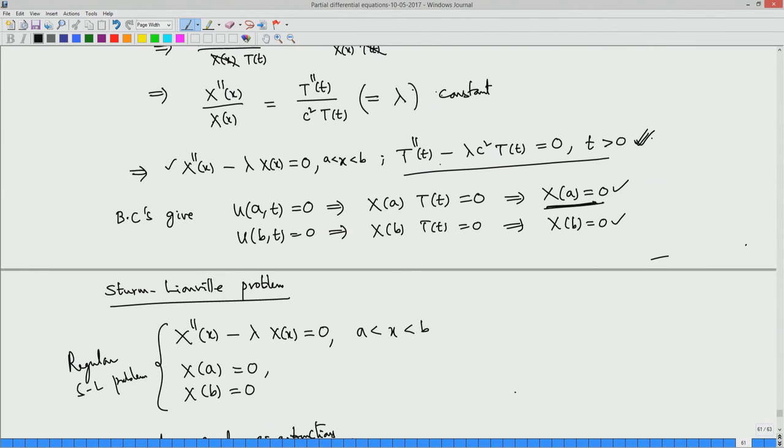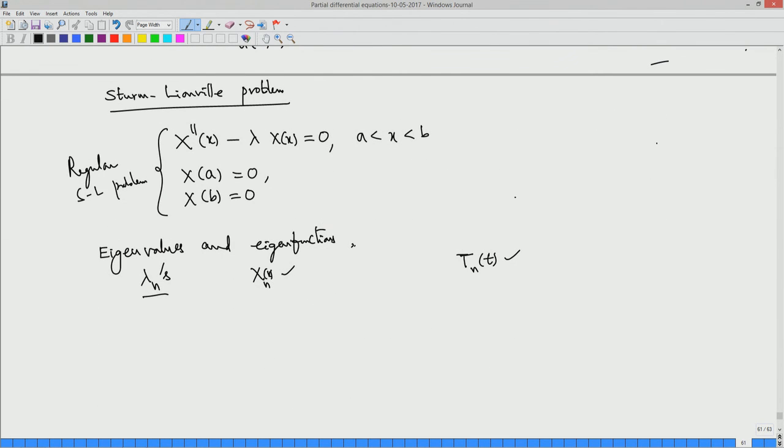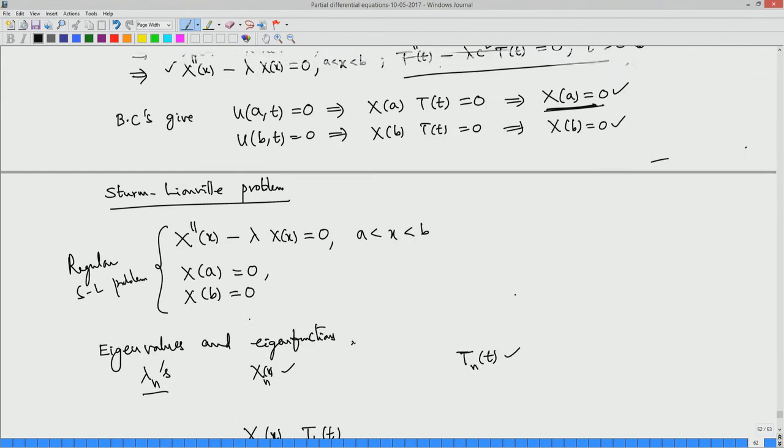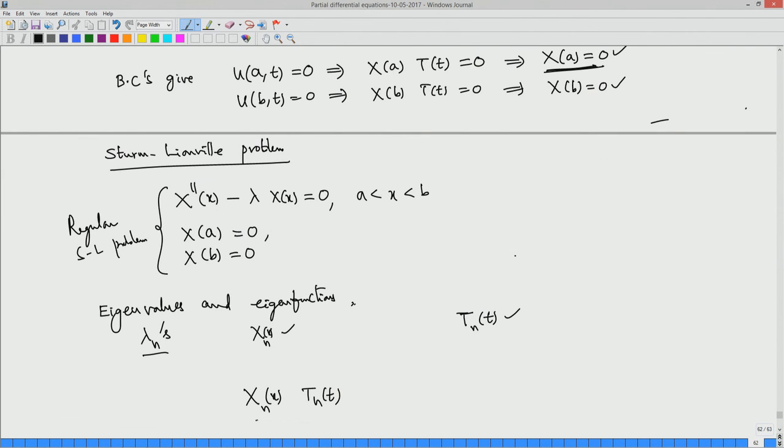For each n, the product Xn(x)Tn(t) is non-zero and is a solution, because Xn(x) is non-zero and correspondingly Tn(t) is also non-zero if you solve it.